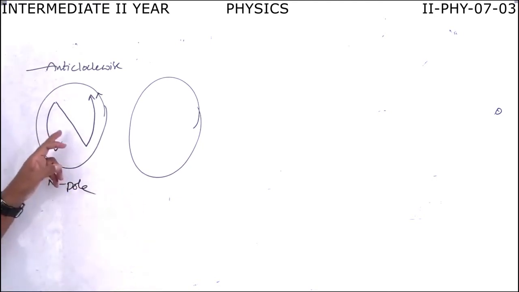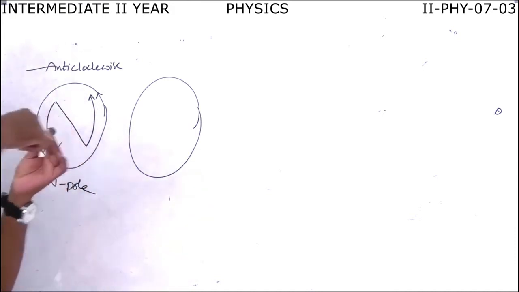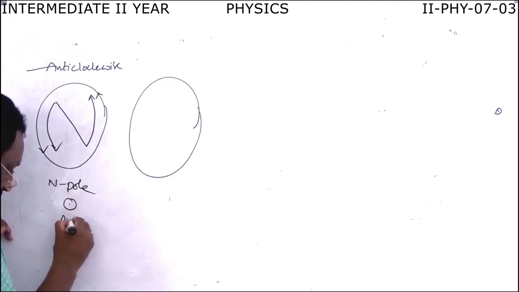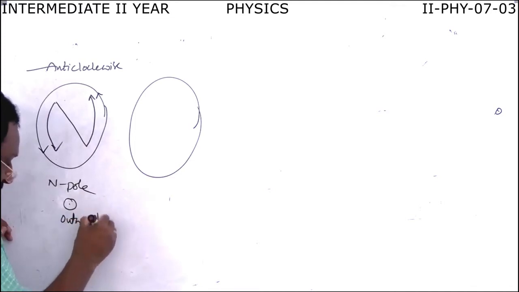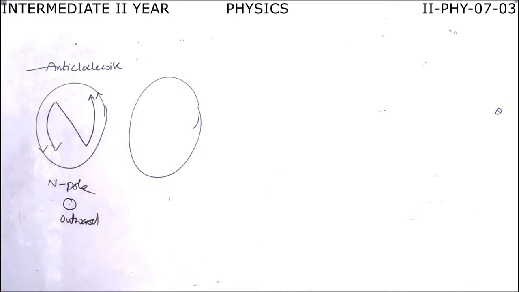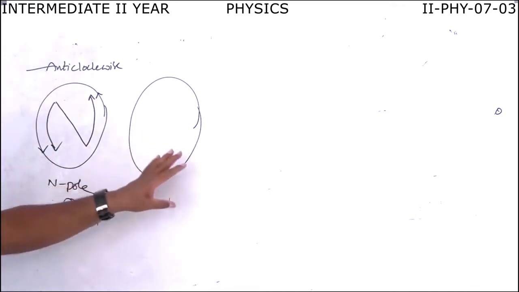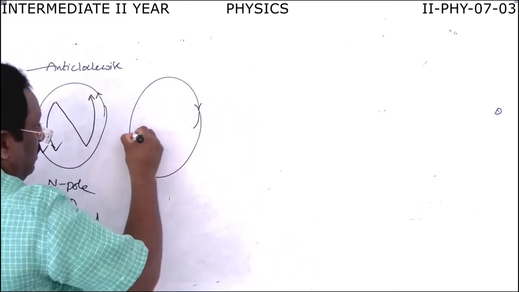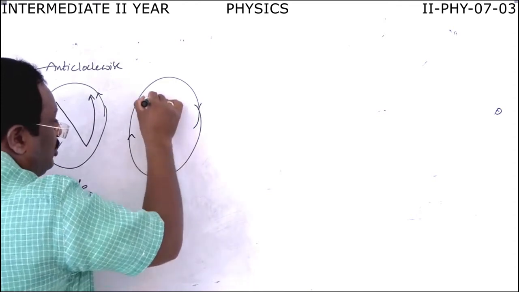In this case, the direction of magnetic field is perpendicular to the coil, towards us, like this. So the symbol is like this, outward. The direction of magnetic field is outwards. Suppose the flow of electric current is clockwise, then the coil behaves like a south pole.